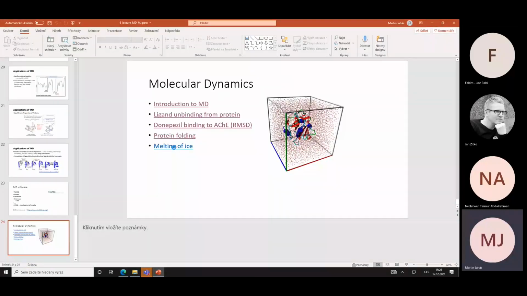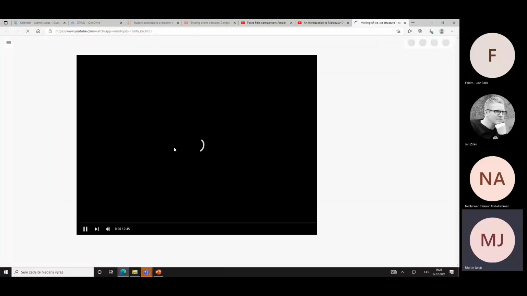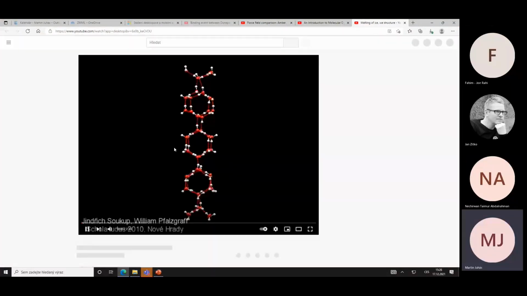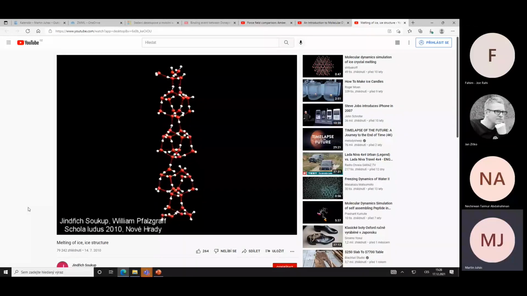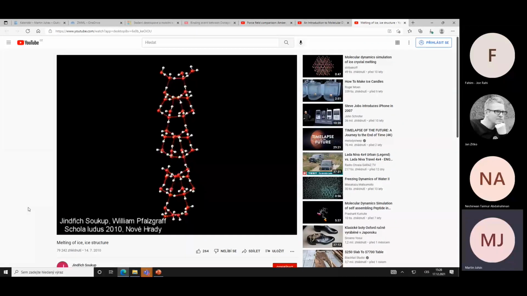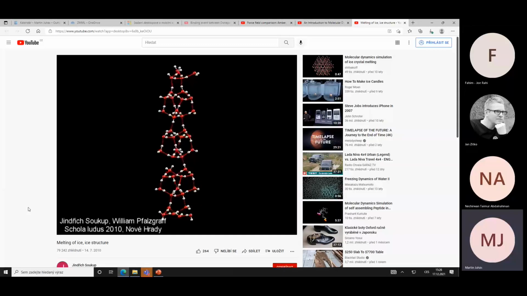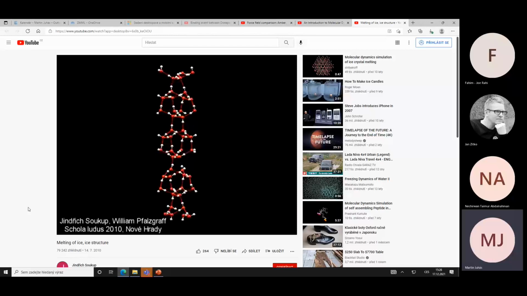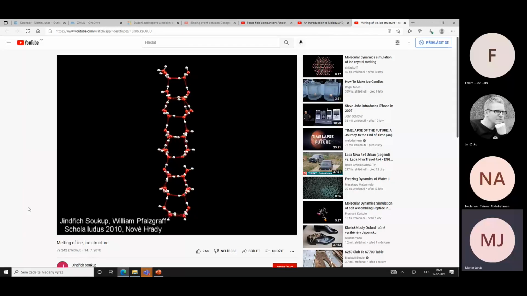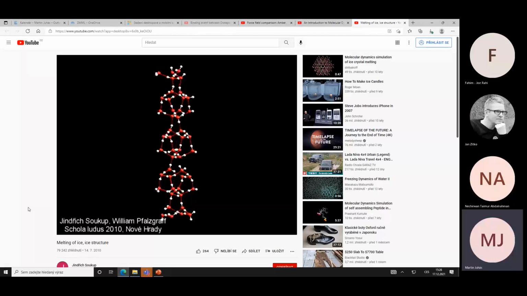Okay, as I said, there is also a way to simulate some physical properties like ice melting. This is very basic and not really useful for pharmaceutical chemistry, but it's used in pharmaceutical technology. You can simulate excipients interacting within some kind of grid.